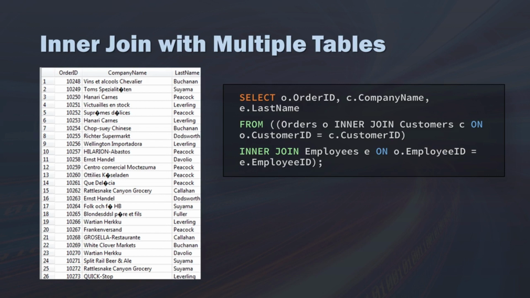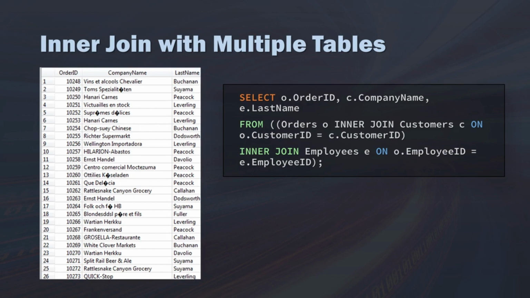So here I have selected O.orderID, C.companyName, and E.lastName for employee last name. So I'm wanting to get here the last name of the employees and the company name with the orders that were placed for this. So for this, I need to join 3 different tables to do that. I'm going to say from, and I have my orders with an inner join on customers, and that's going to be joined by the customer ID.